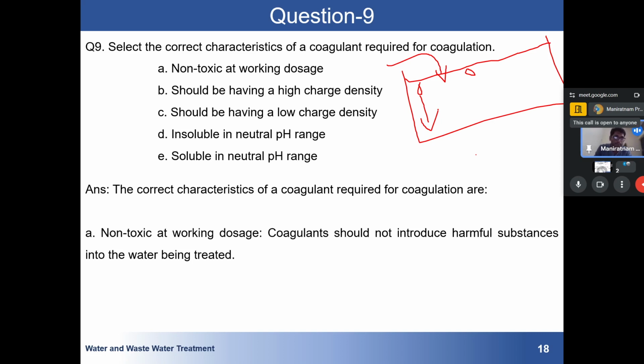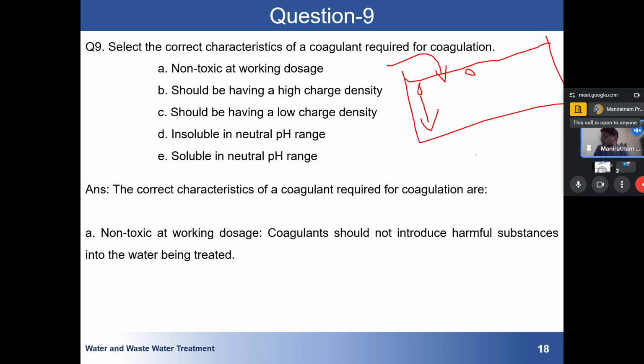is 6.5 to 8.5. Most of the water which we collect from groundwater or river water has a pH of this range only. Another coagulant which is used is chlorinated copperas, a kind of iron chloride salt in presence of iron sulfate.